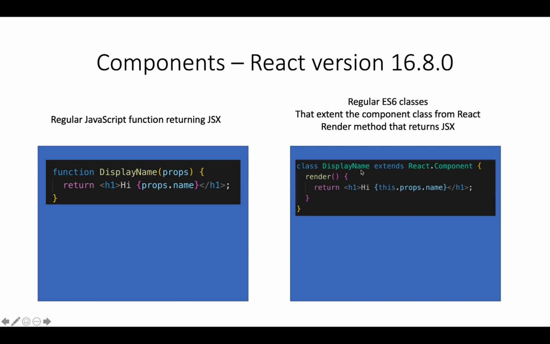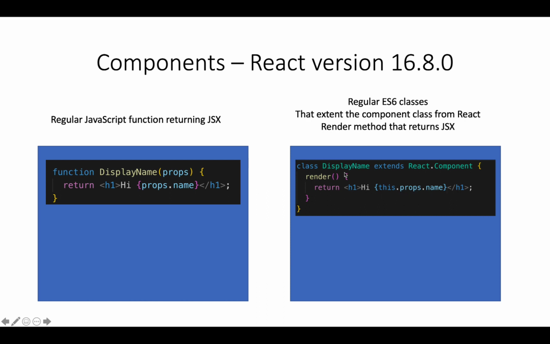So first, let's see what is the syntax for creating both types of components. The class components are nothing but ES6 classes itself. So you can say class and then the name of your component, and it has to extend React.Component. This is the component in the React library. That means we are saying that we are actually creating a React component, which is a class component. And your class component must have a render method. Inside of that render method, you will have a return statement to return whatever JSX that you want, right?